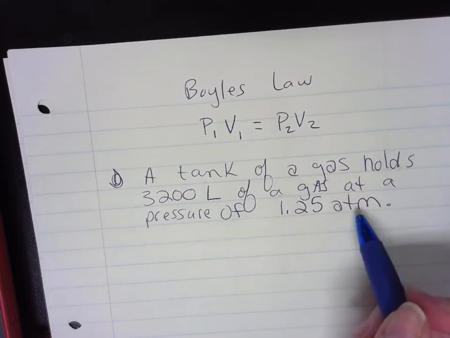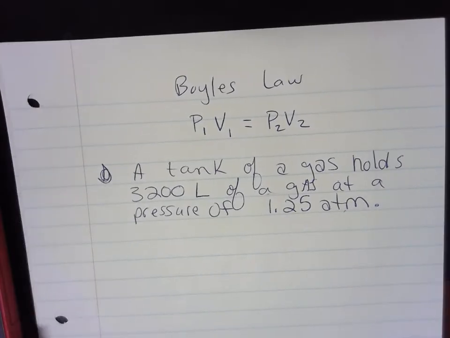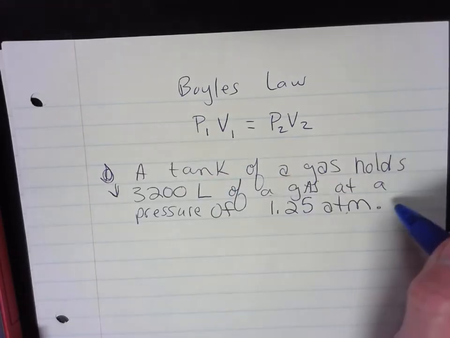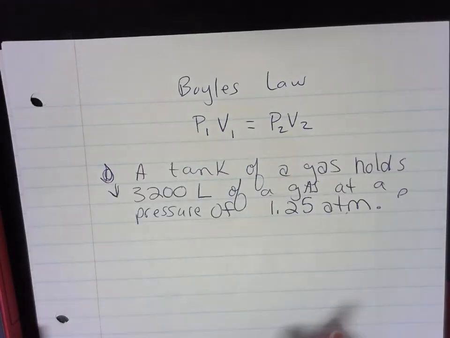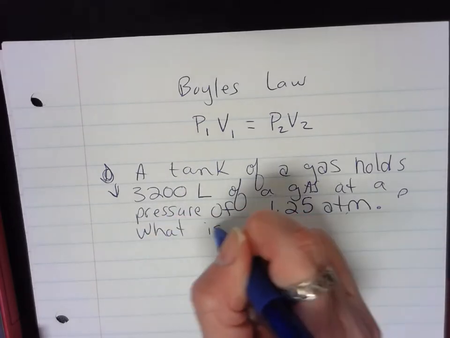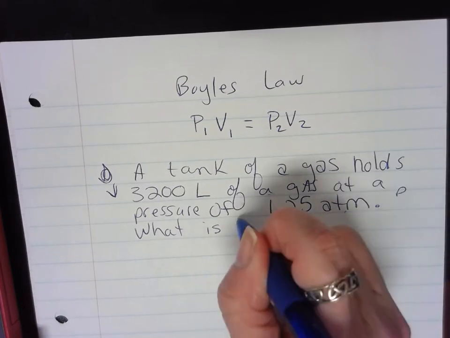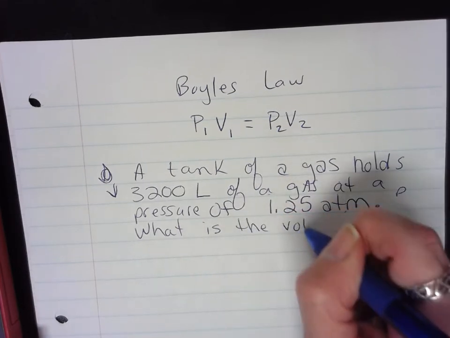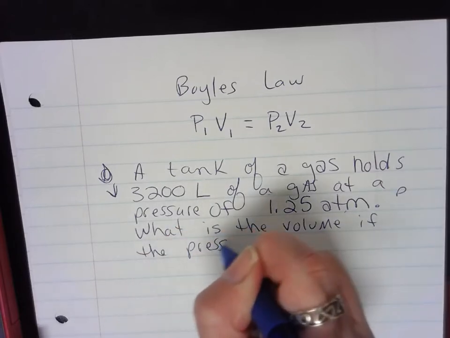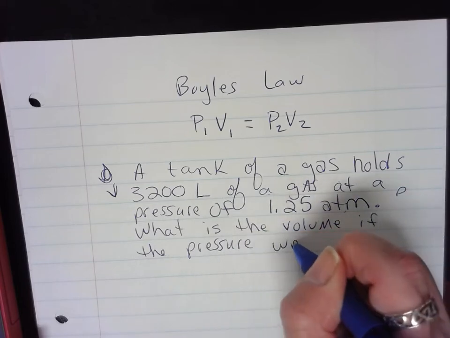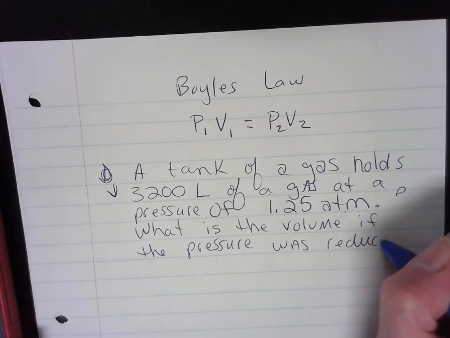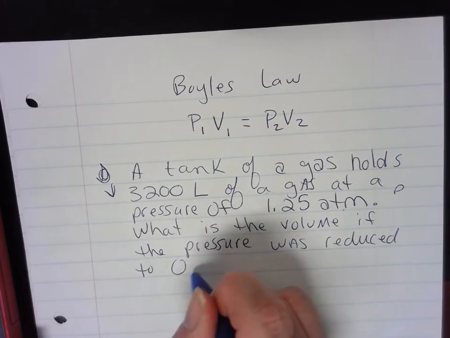ATMs is just a measure of pressure. It stands for atmospheres. Okay, so this is your volume and this is your pressure. What is the volume if the pressure was reduced to 0.9 atmospheres?